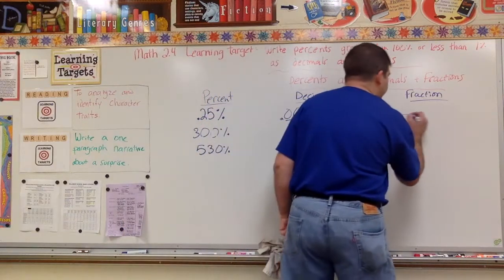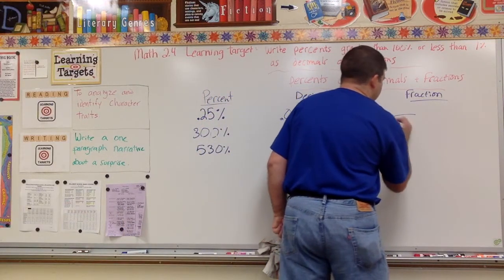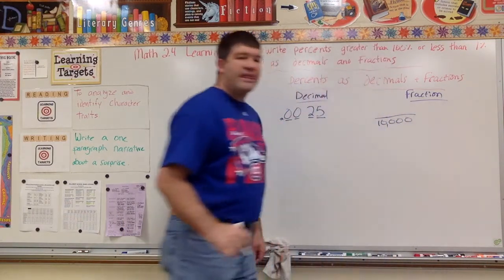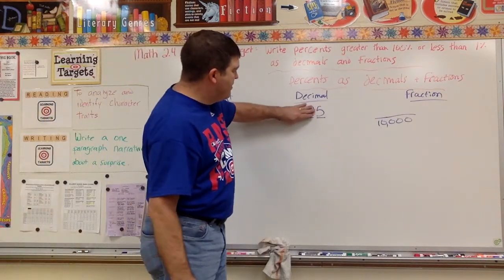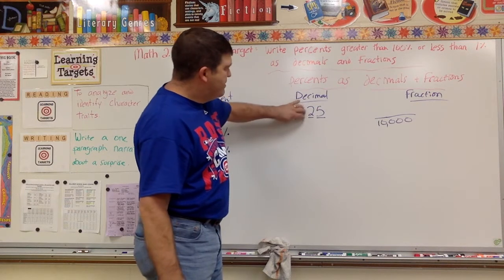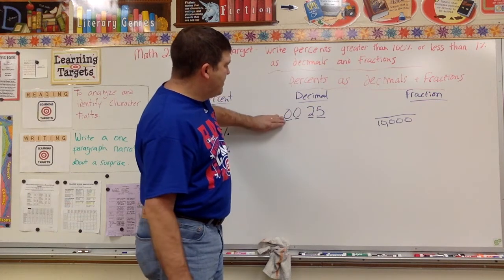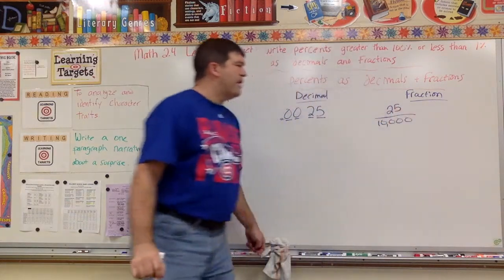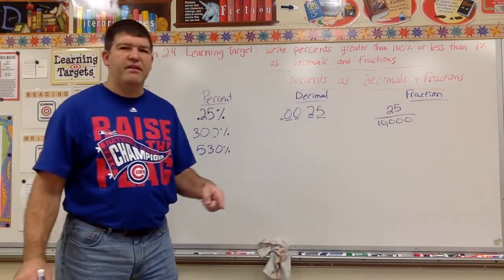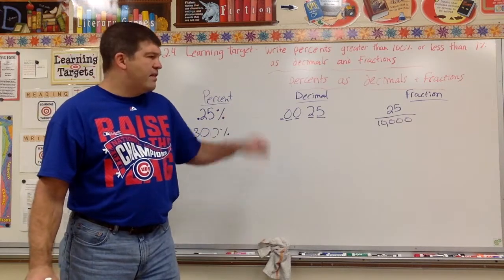So I'm going to put 10,000 on the bottom. And then I look at whatever I have here. I have a 5, a 2, so it's 25. If I get rid of the decimal, it's just 25. So my fraction is 25 10,000ths.